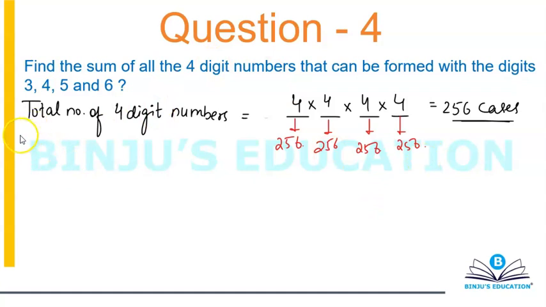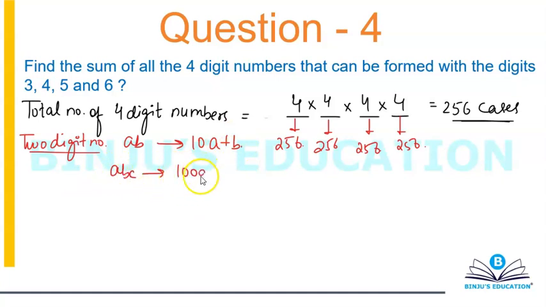If I talk about a 2-digit number, let's say the number is AB, I can mathematically express this as 10A plus B. A 3-digit number ABC can be expressed as 100A plus 10B plus C. So if I have a 4-digit number ABCD, it can be represented as 1000A plus 100B plus 10C plus D.